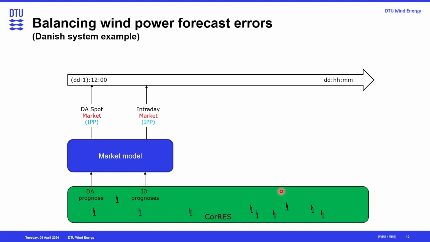And until lately, this intraday market was utilized for something else. Like you have promised something in the day ahead market, but a large power plant has gone down and you cannot provide that power anymore. So you open that up in the intraday market for someone else to come in.